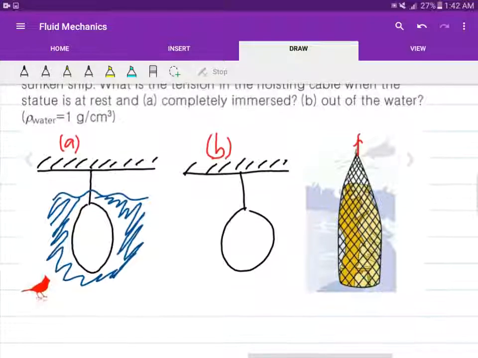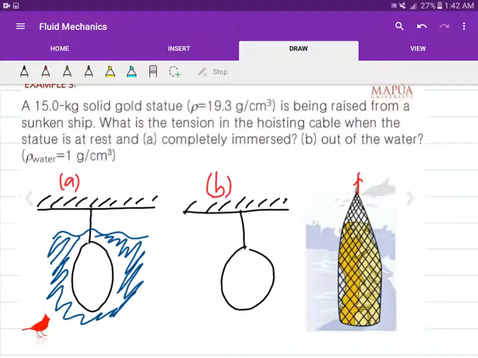So if we try to solve for both scenarios, we would need to draw free body diagrams first to solve this problem, because we are interested to solve for the tension here. So let's draw free body diagrams.